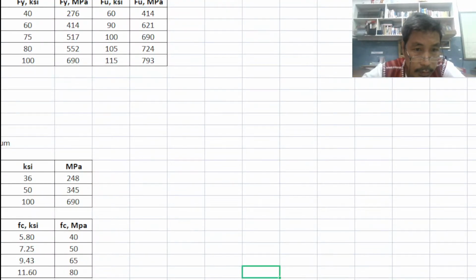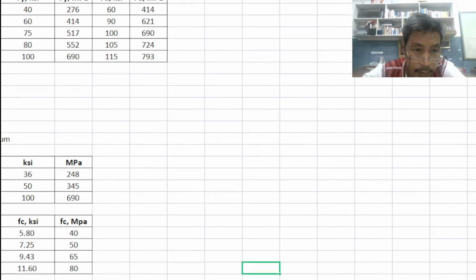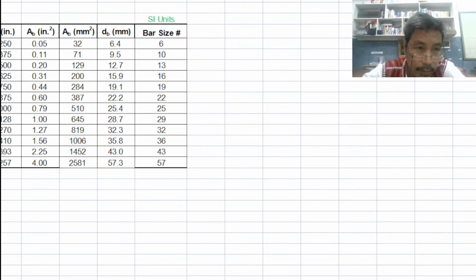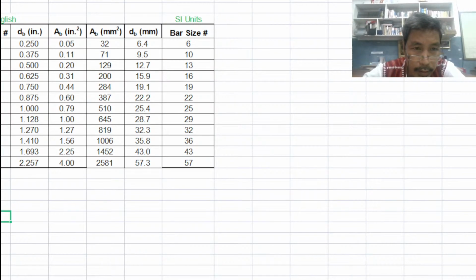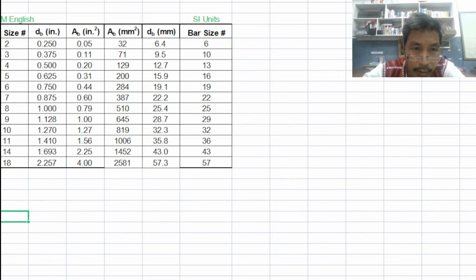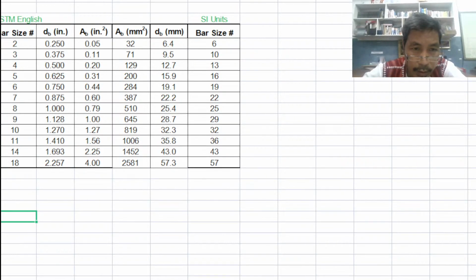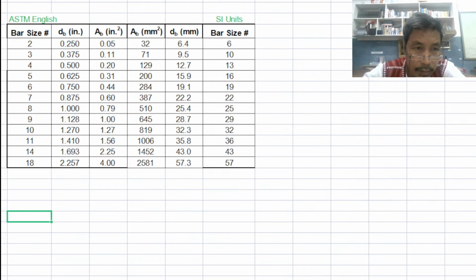Okay, so in your screen we have the bar sizes here. These are the bar sizes. I will make it like this so that you can see them. So I think it is clearer by now.